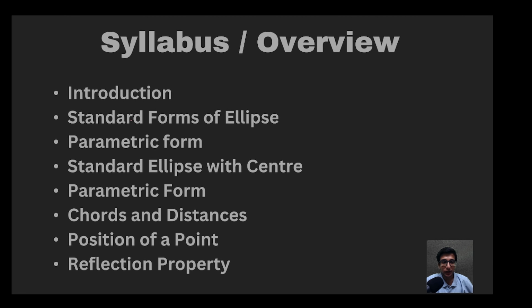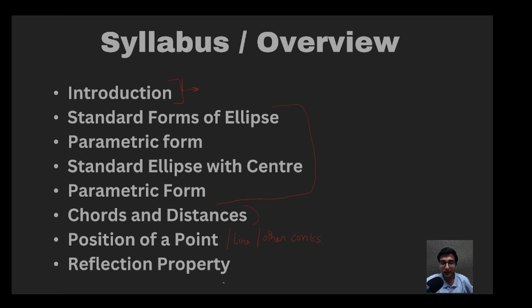First we will be looking into a brief introduction. We will be revising all the terminologies and the concepts of the shape of ellipse and how it works. Then we'll be looking into the standard forms and the parametric forms of ellipse. Then we will look at different chords, position of a point. Along with this, we will be studying position of a line and other conics.